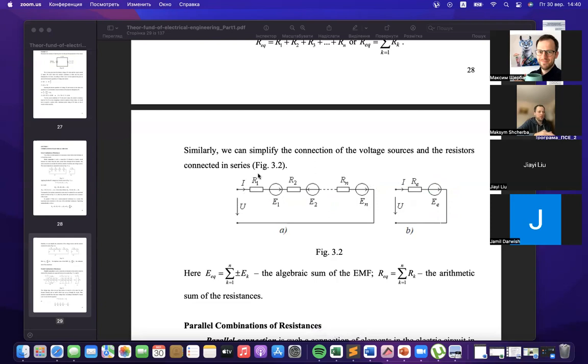For example, if we have 10, 20, and 5 ohms, and for example 20 volts, 40 volts, and 30 volts, then we are looking at the direction of the arrow. For resistors, it will be 35.